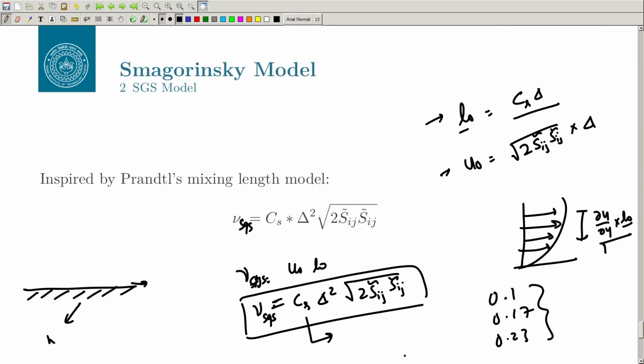We have the Weyl model. What it does is it modifies the velocity scale, so that it can address how the value approaches the wall. Then of course, we have the Van Driest model, which ensures that there is a damping in the viscosity when it approaches the wall.